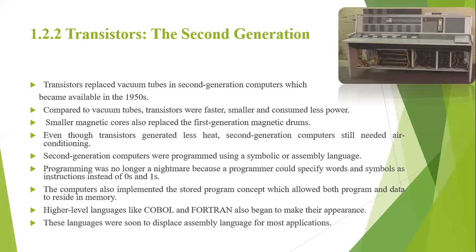Programming was no longer a nightmare because a programmer could use words and symbols as instructions instead of zeros and ones. It was somewhat easy to write programs using assembly language because users were able to use mnemonics like ADD, MUL for multiplication, SUB for subtraction, DIV for division instead of zeros and ones.